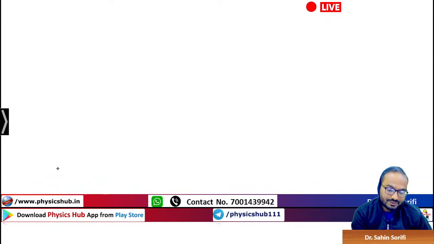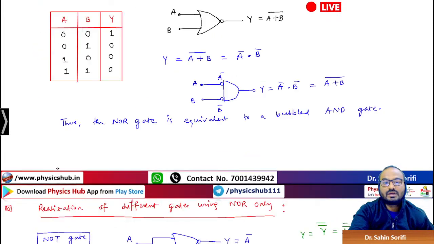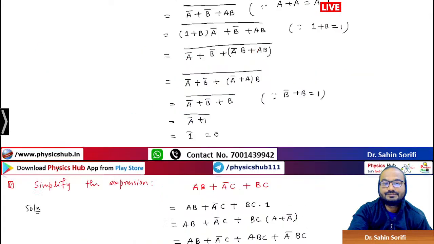XOR and XNOR and NAND as NOR, vice versa, not mentioned for universal gates. Acha, you are talking about here.